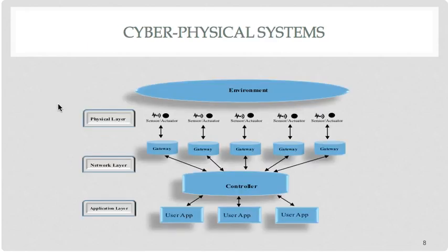So now I come to cyber physical systems. I already explained what cyber physical systems are. The previous methods are only applicable to software, not to cyber physical systems, because cyber physical systems have mainly three layers: application, network, and physical layer. The existing security requirements methodologies fail to accommodate security outside of software boundaries.